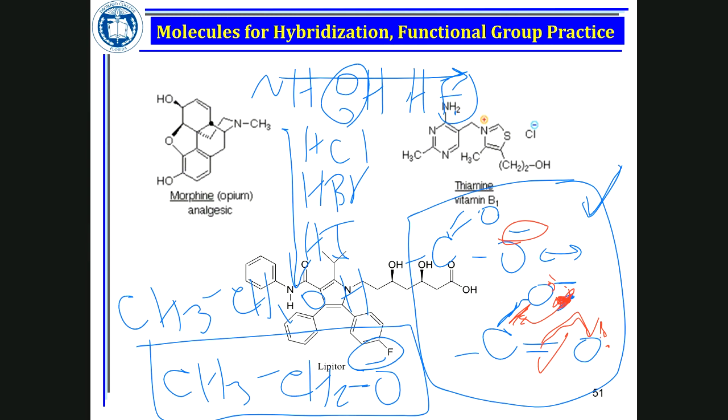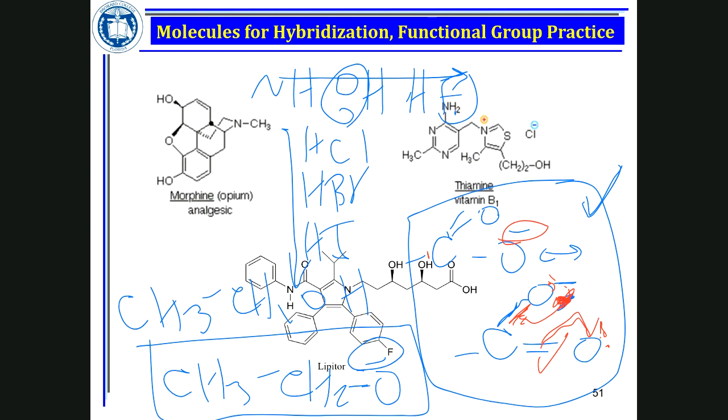Now, when does resonance form? If you have a negative charge that is adjacent to a double bond. If you have a pair of unshared electrons that is conjugated with a double bond. So you must have a pair of unshared electrons conjugated with a positive charge, or a double bond conjugated with a positive or negative charge, because you want to distribute the charges or formal charges.